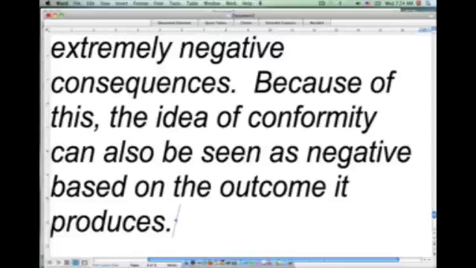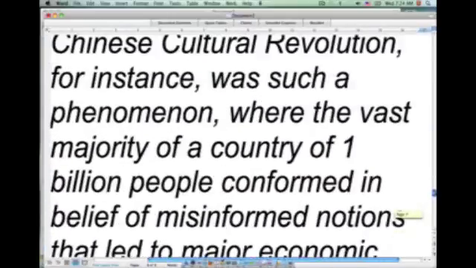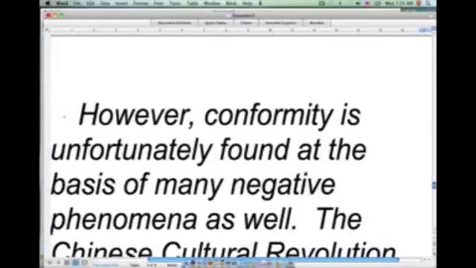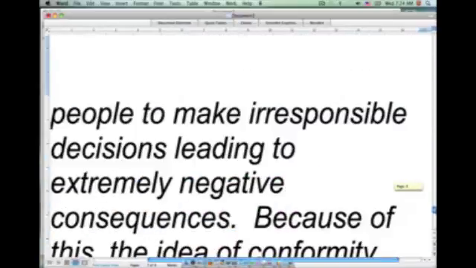So the idea that conformity is a negative thing is being compared with the idea we presented before, that conformity can be a positive thing or lead to certain positive results. And the other word that we used, at the very beginning, was however, another keyword that lets us know that we are indeed contrasting this idea to the one that came before it.